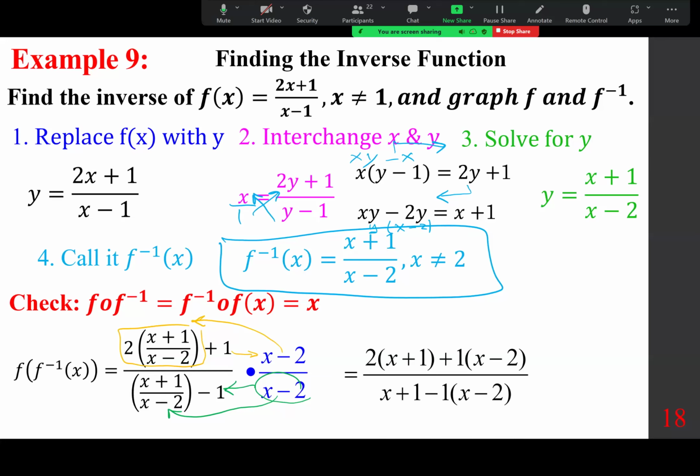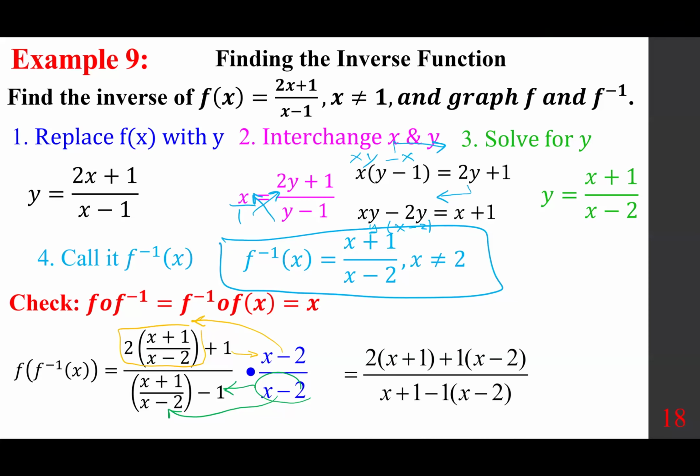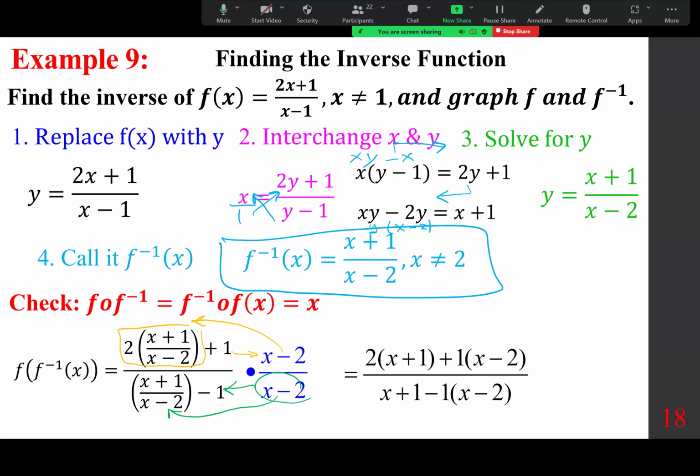I hope everybody can follow this basic elementary algebra. So we have 2x plus 2 plus x minus 2 up here. Over here we have x plus 1 minus x plus 2.